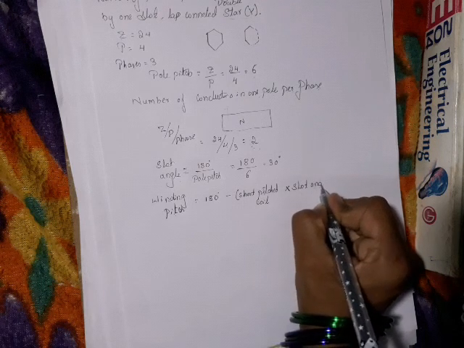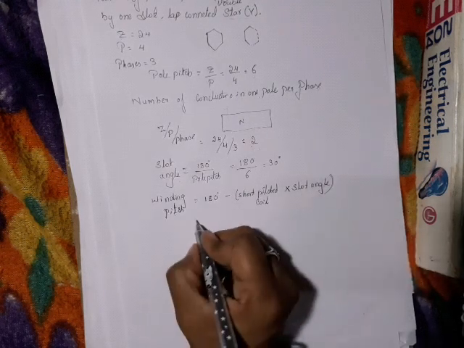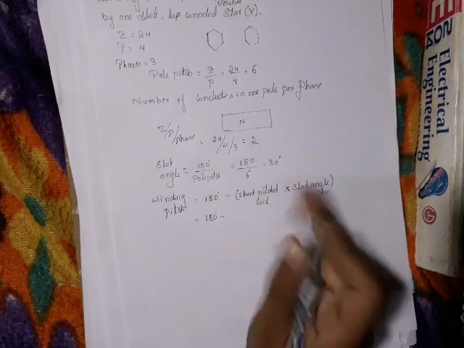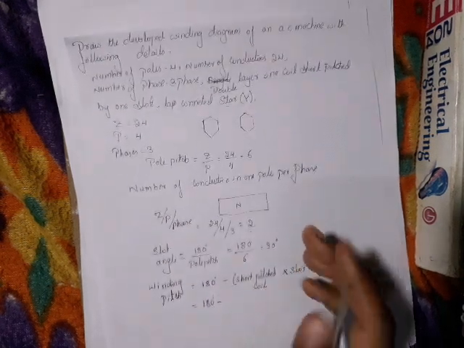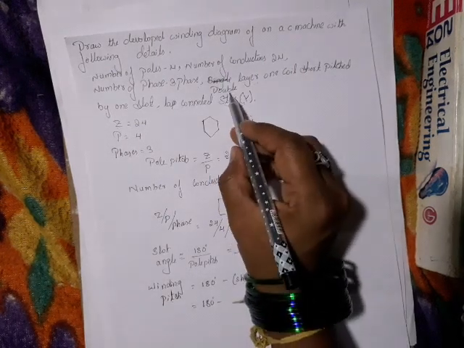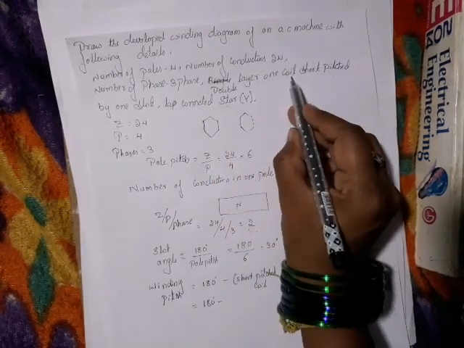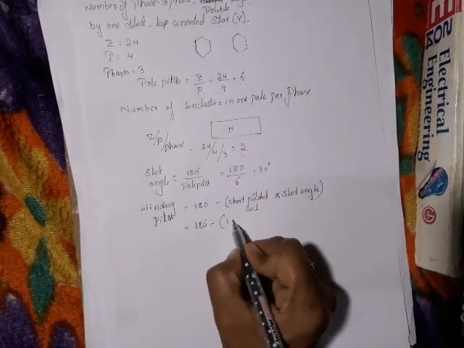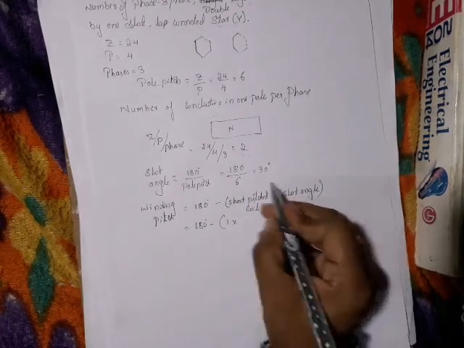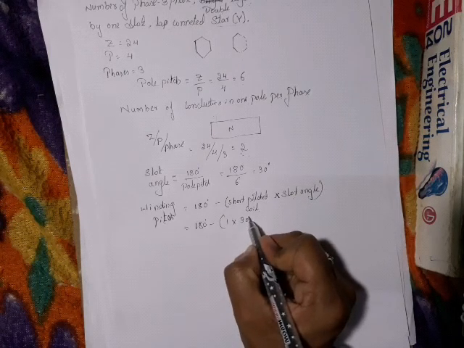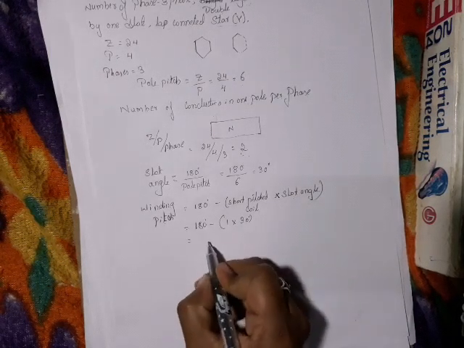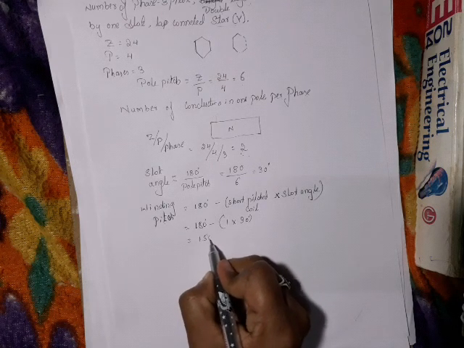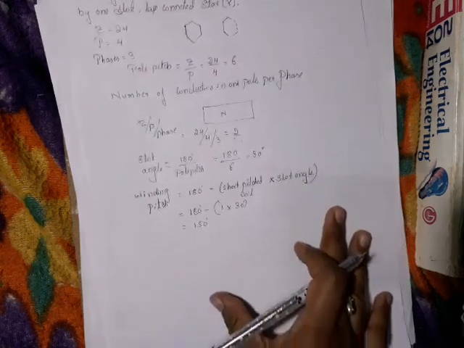How many short pitched coils do we have in the problem? They have given double layer, 1 coil short pitched. So 1 coil short pitched multiplied by slot angle. What is the slot angle? 30 degrees. If you do this calculation, you will get 180 minus 30, that is 150 degrees. Winding pitch is 150 degrees.